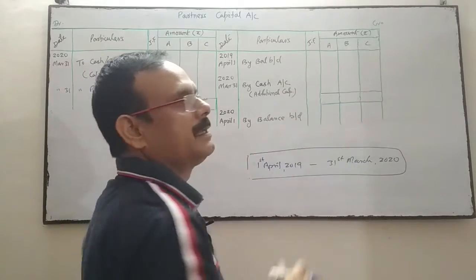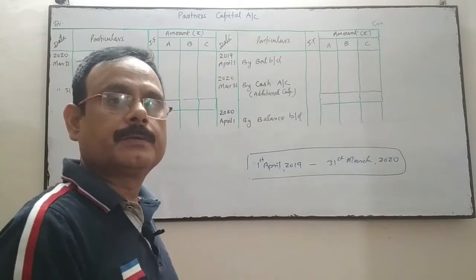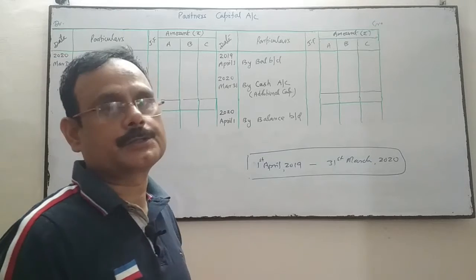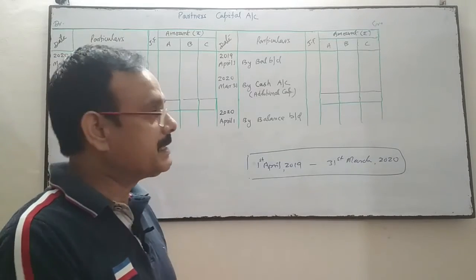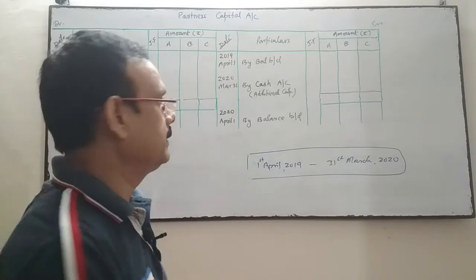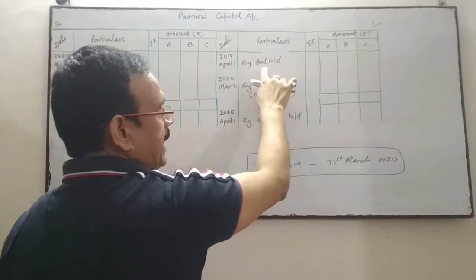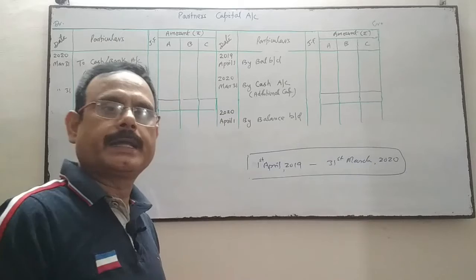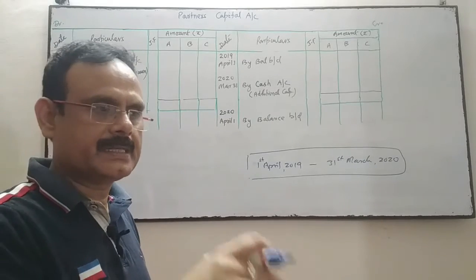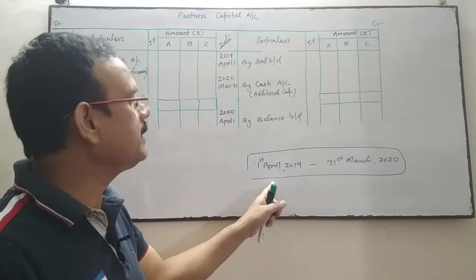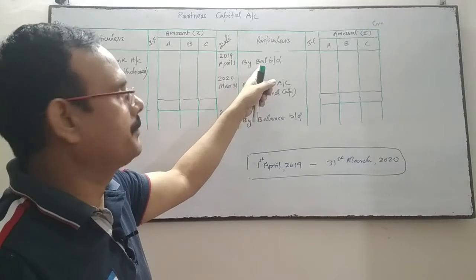If the business existed in the last year as well or the year before, then the balance will be brought down. If the business has started this year, then instead of this item, we'll start with by cash or by bank. If the business has started in this financial year, then we will not get this figure.